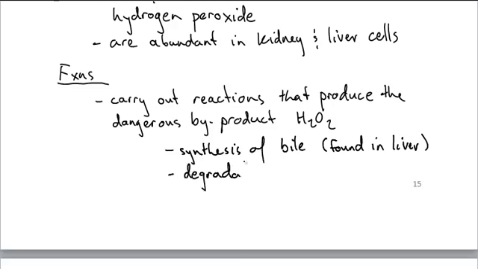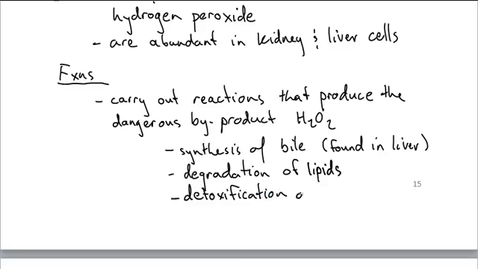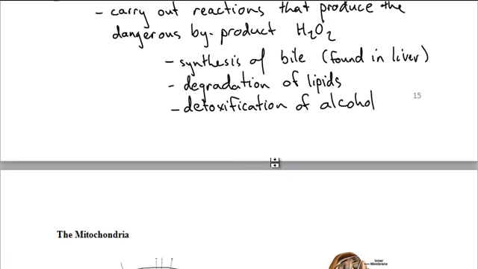So when you're breaking down lipids, you produce hydrogen peroxide as a byproduct. And detoxification of alcohol. And I know none of you would ever drink, especially at your age, but if you do drink a lot, you will notice in your liver an increase in the amount of peroxisomes in the cells.